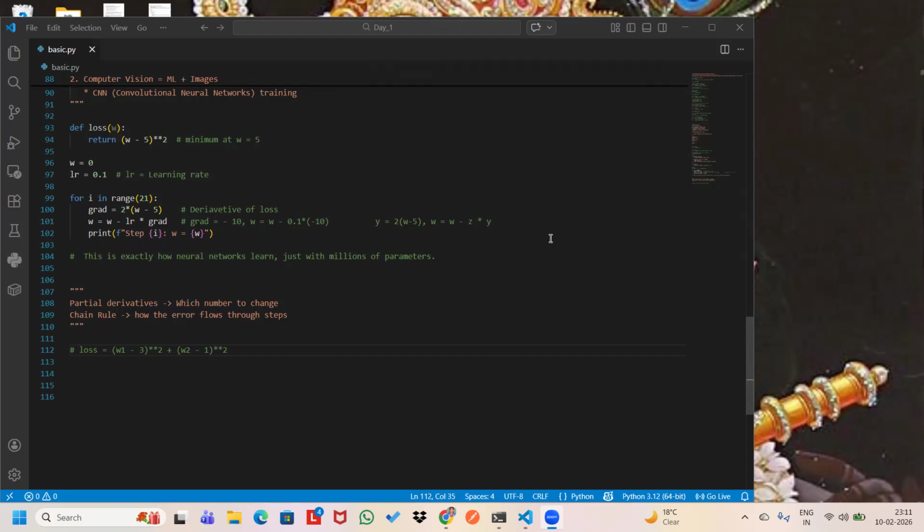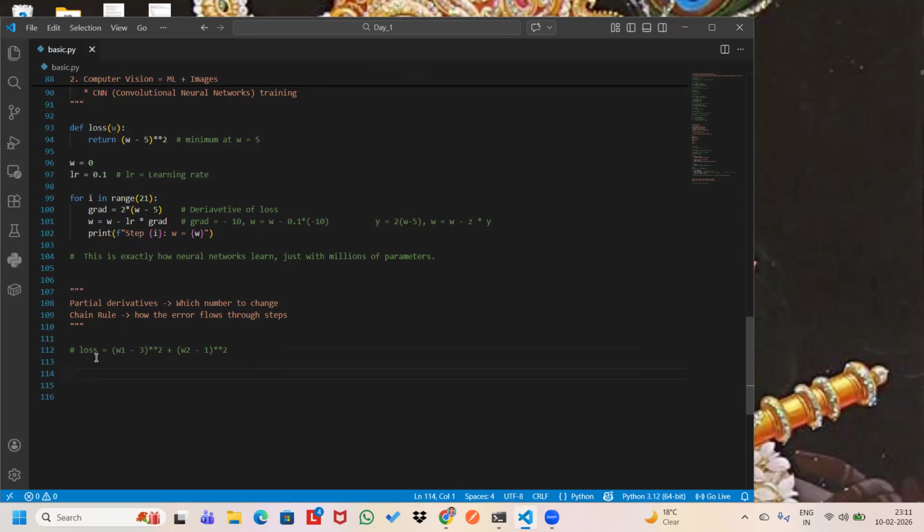First, let's consider this equation, a normal mathematics equation: loss equals (w1 minus 3) to the power 2 plus (w2 minus 1) to the power 2. This is a simple equation, and here W is a weight.